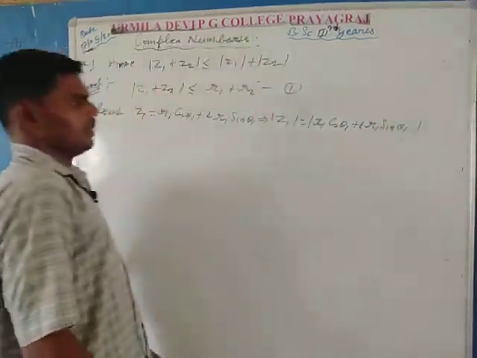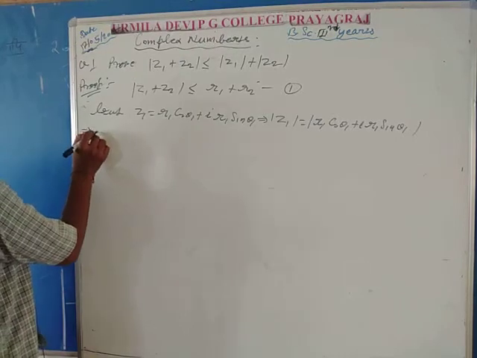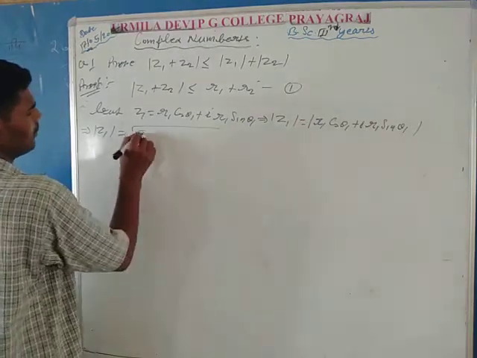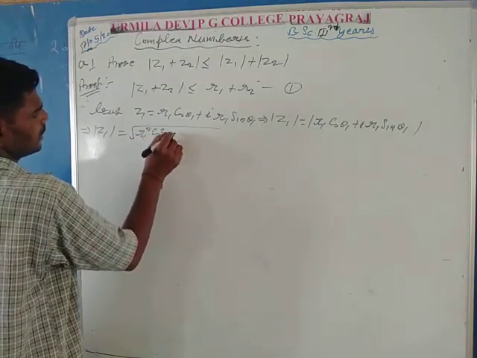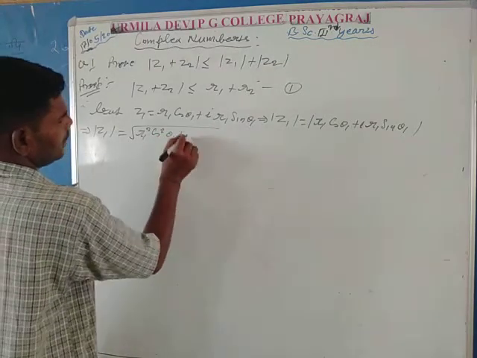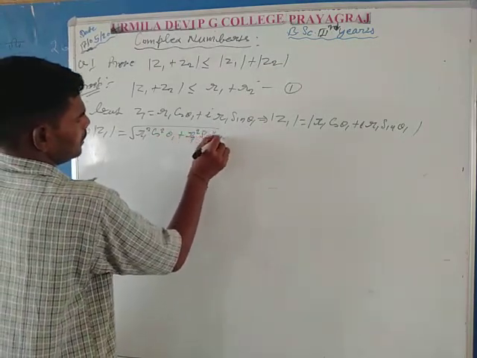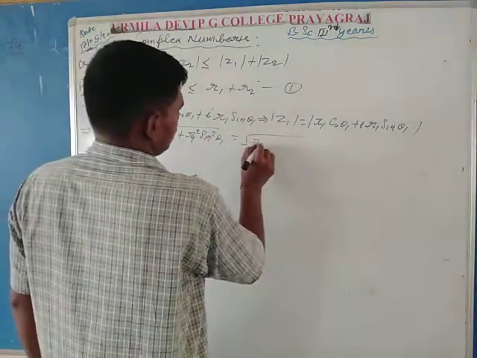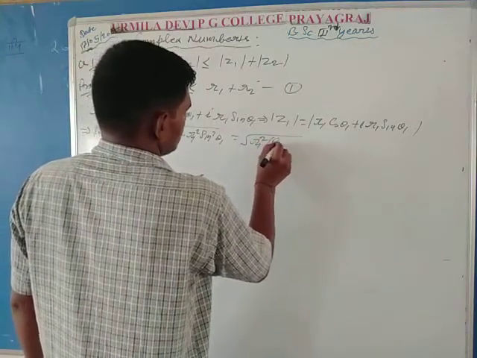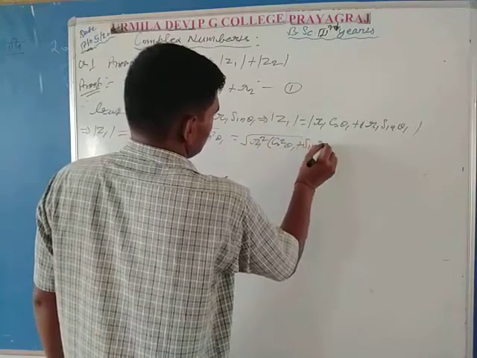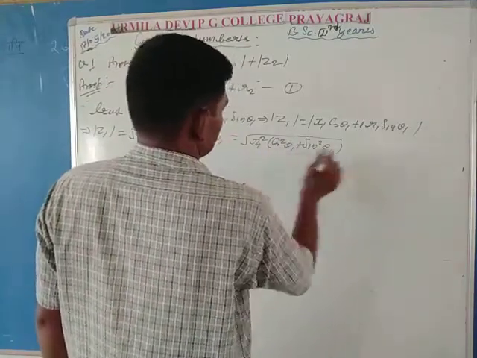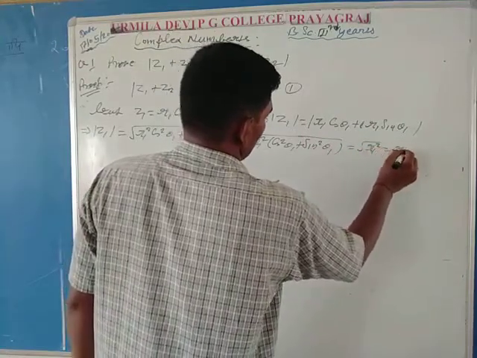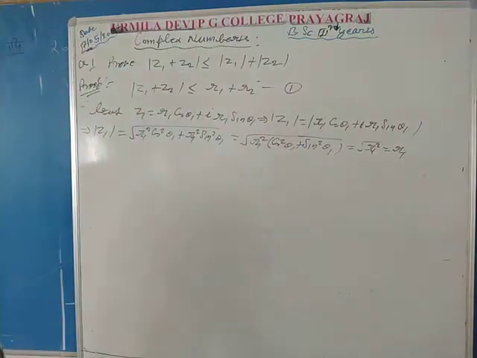According to the rules of modulus, mod of z1 is equal to the square root of the real part squared, r1 square cos square theta 1, plus the imaginary part squared, r1 square sin square theta 1. Taking r1 square outside the bracket, cos square theta 1 plus sin square theta 1, which is equal to 1. So under root r1 square is equal to r1.